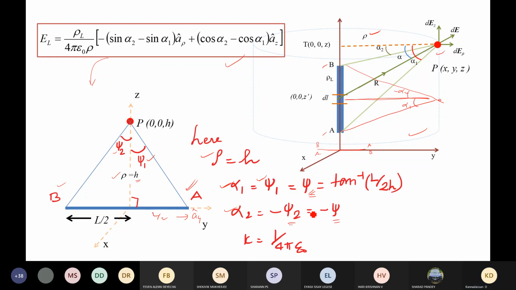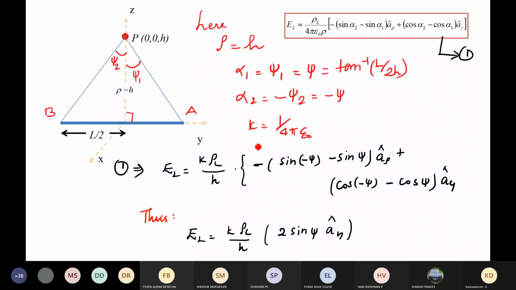That's all. Since this constant keeps coming, I'm going to take this value as k. Does anybody know the name of this constant? It is 1 by 4 pi epsilon naught. That is called Coulomb's constant.